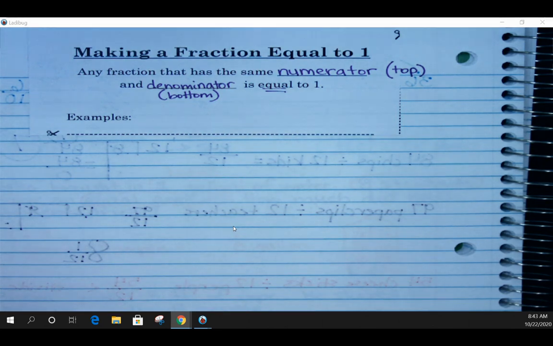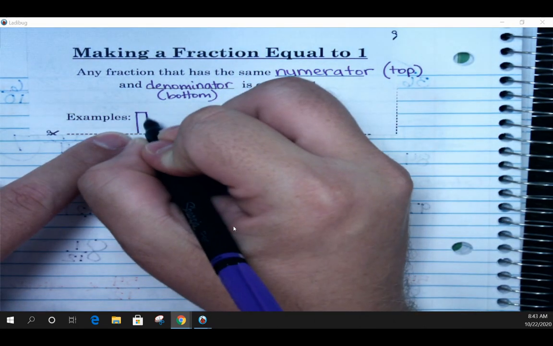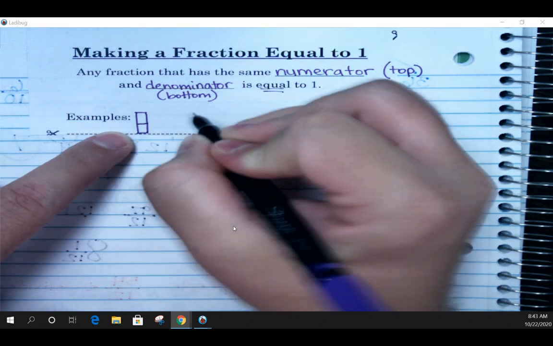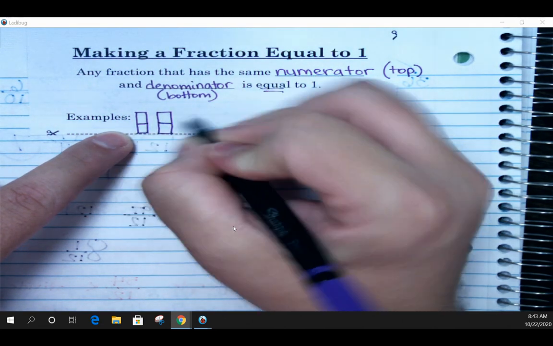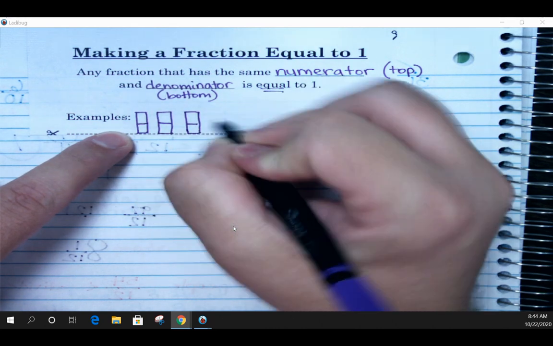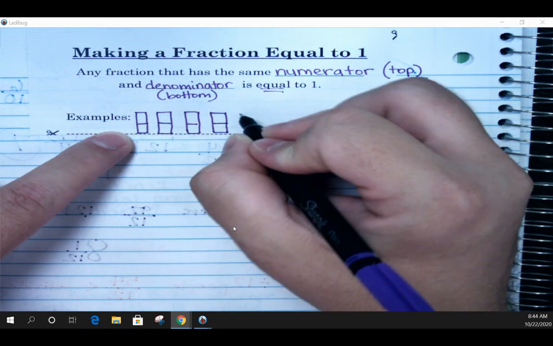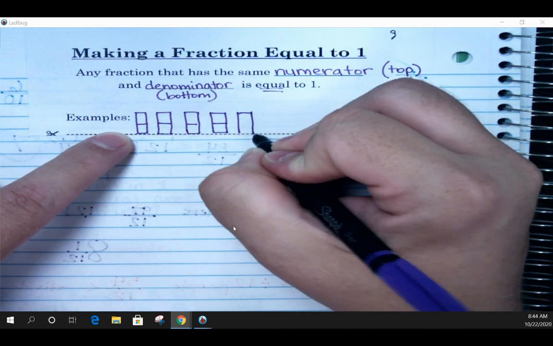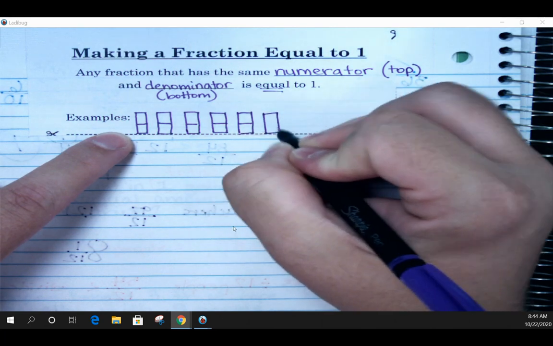Okay? So some examples of a form of 1, and I write a 1 like this. So it looks like a big bold 1. And that way I know to say a form of 1. Because I know the value of this fraction is going to be 1.